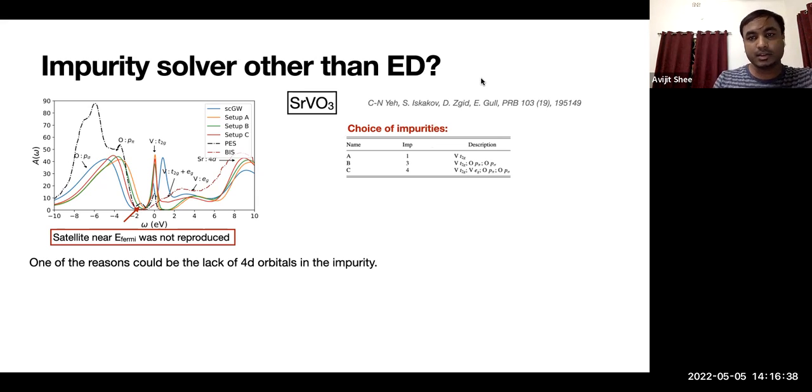Here is a small presentation of why we need some solver other than exact diagonalization. This is a study done by Xianan and Sergei Iskakov and Emanuel Gull.